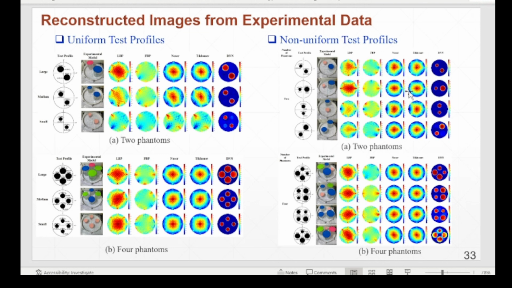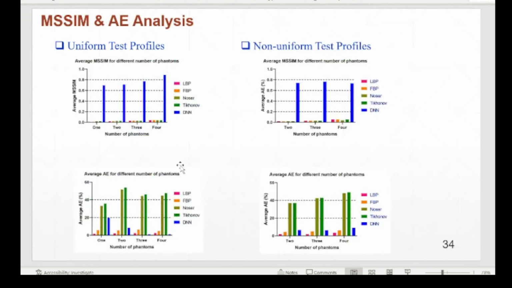We also have a non-uniform test profile, with another 4 phantoms. It clearly shows that the DNN is able to distinguish the subjects efficiently. And of course, looking at the pictures and the graph also tells you the same. The DNN supersedes most of the algorithms.